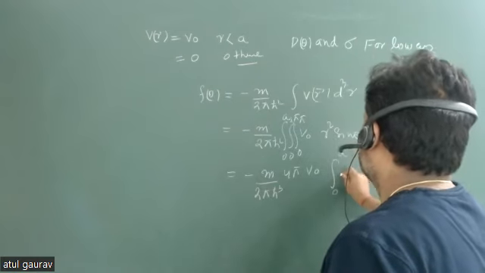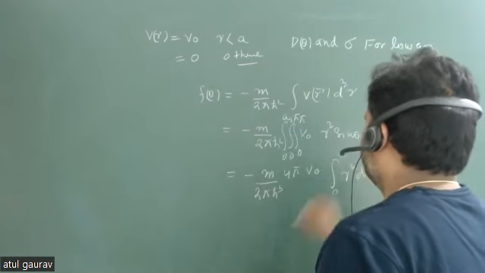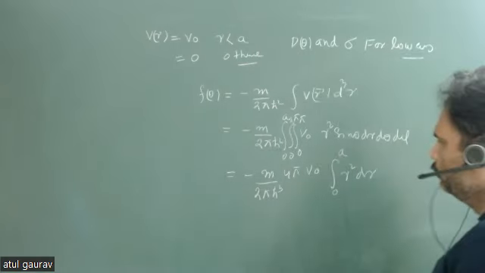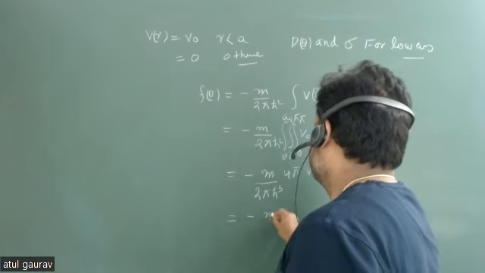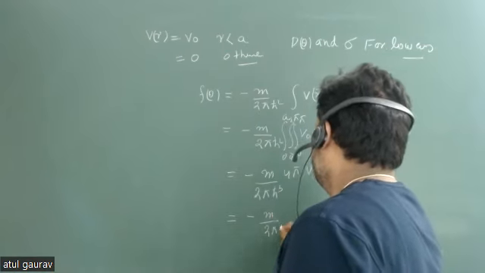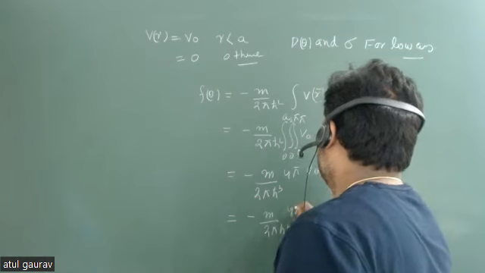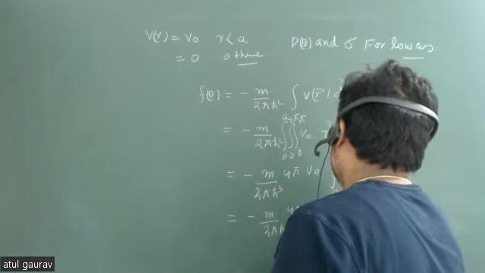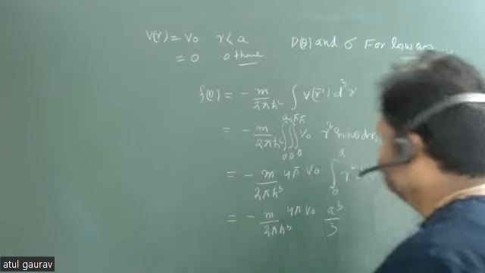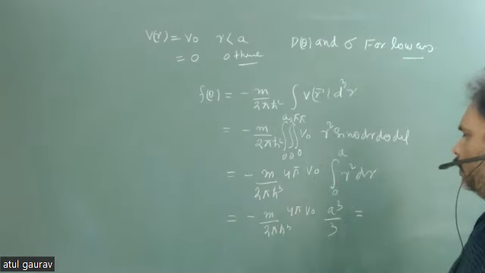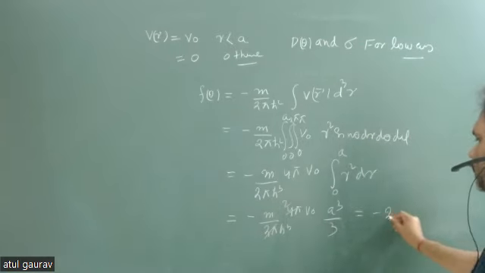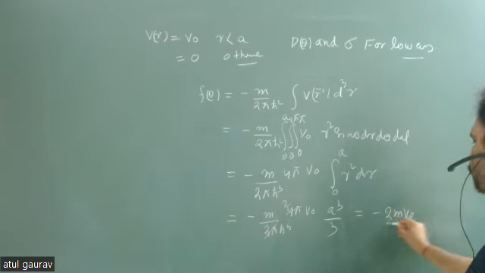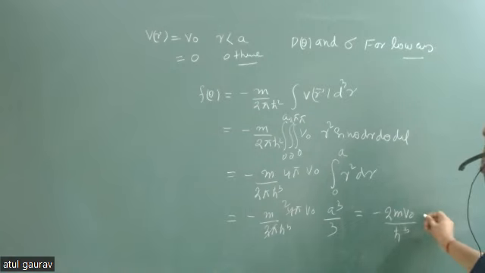You have to go from 0 to a of r square dr, and once you calculate this, the value is basically minus m upon 2 pi h cut cube, 4 pi V naught a cube by 3, isn't it? So 2 pi will cancel out. So this is minus 2m V naught upon h cube, a cube by 3.